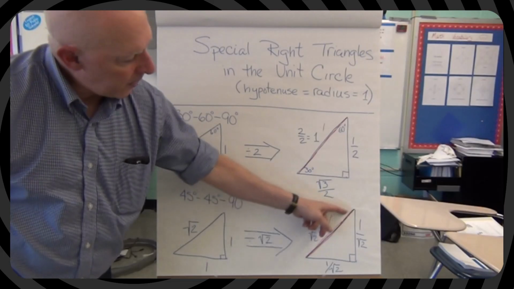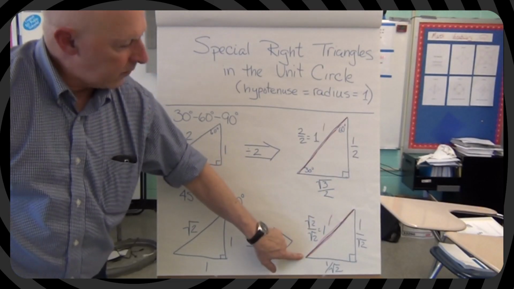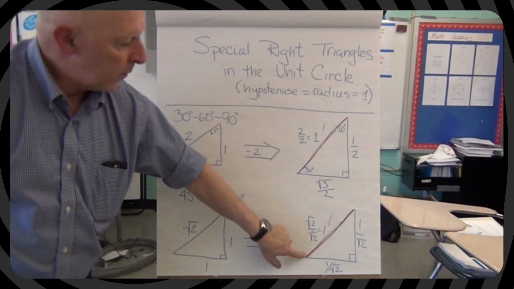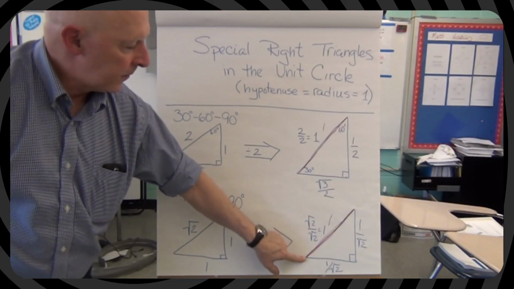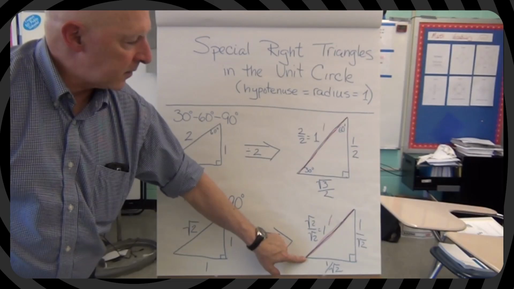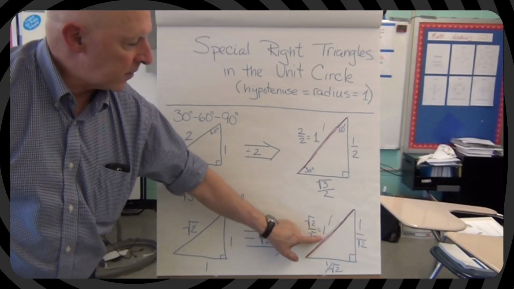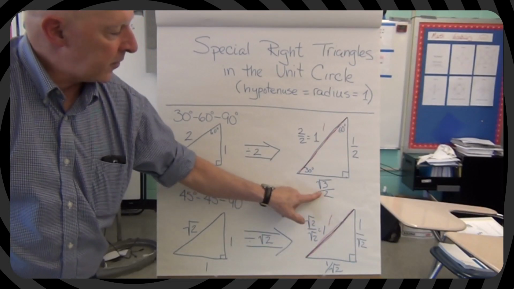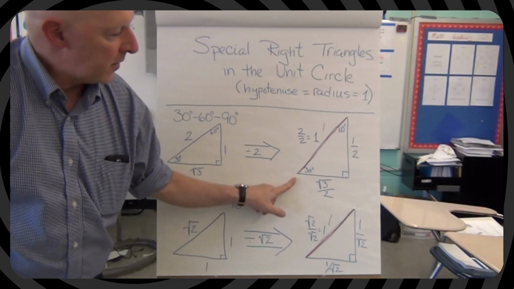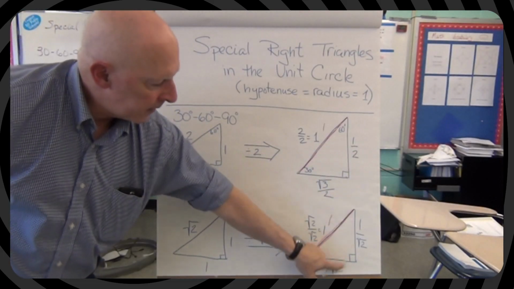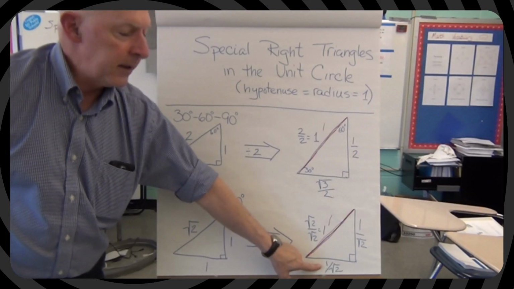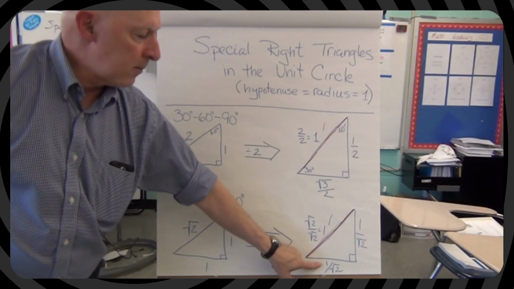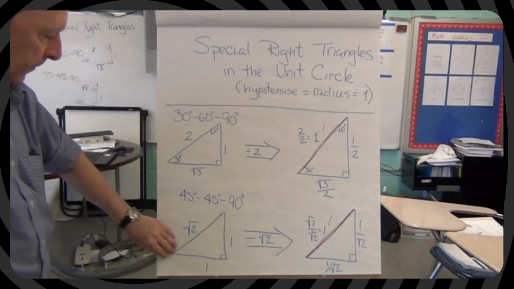We end up with a hypotenuse which has the length of 1, the same as this one. Both of these are radii in a unit circle. Both of these triangles will now fit into the same circle, but the lengths of the different sides now have these values, 1 divided by the square root of 2. And we can leave it just like this. We don't have to do any more calculations.